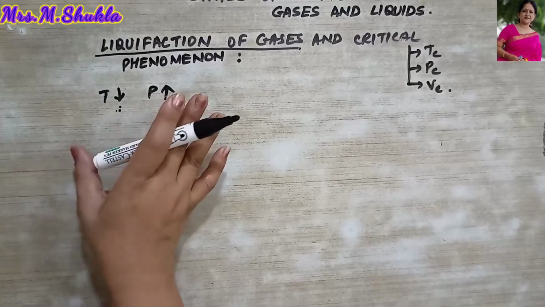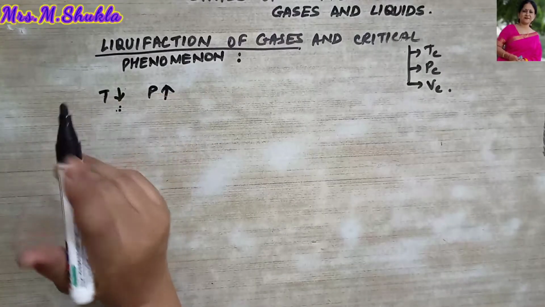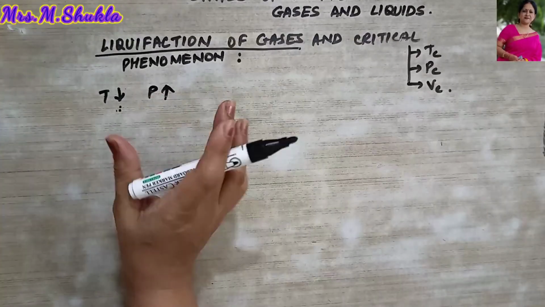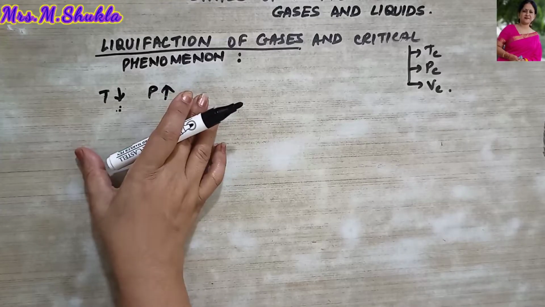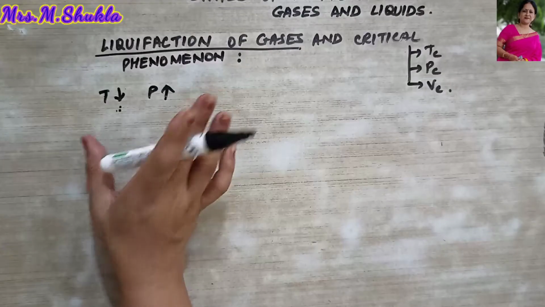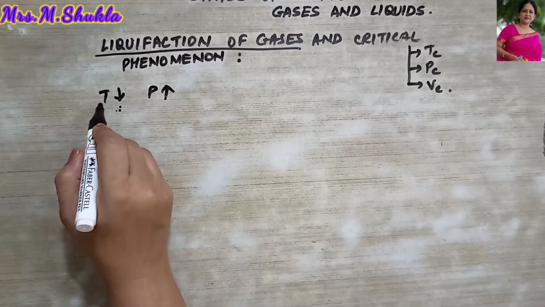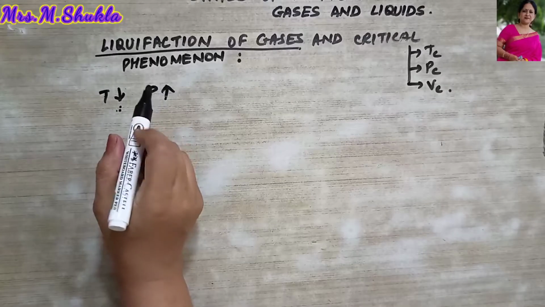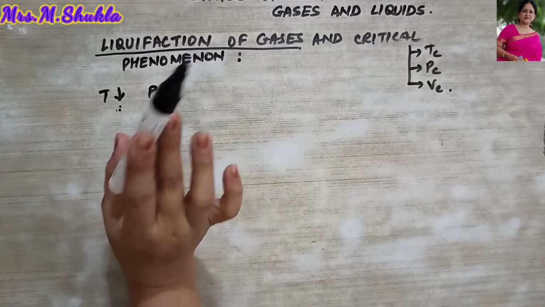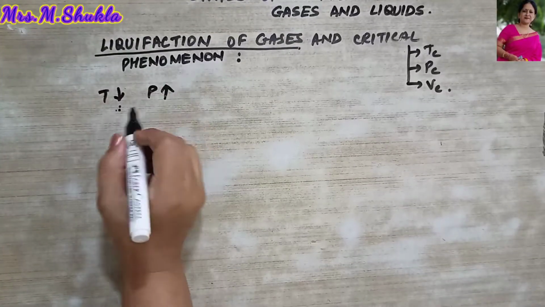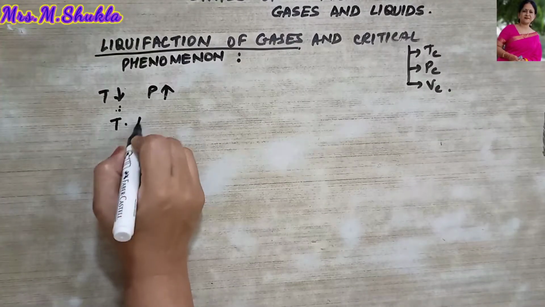Thus the slow moving molecules cannot resist the force of attraction. Hence when they come closer, they finally aggregate and form a liquid. Thus what did we deduce over here? That low temperature and high pressure bring about liquefaction of gases. The scientist who studied the liquefaction of gases was T.